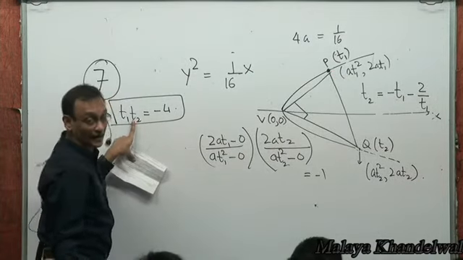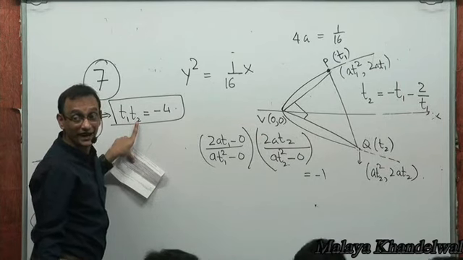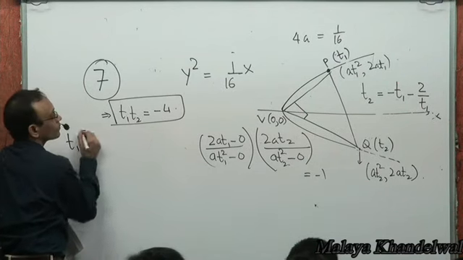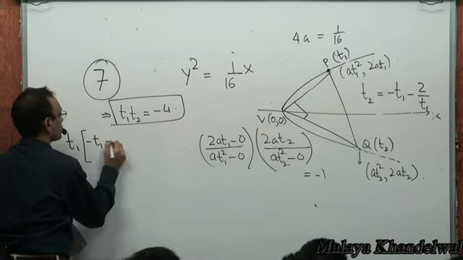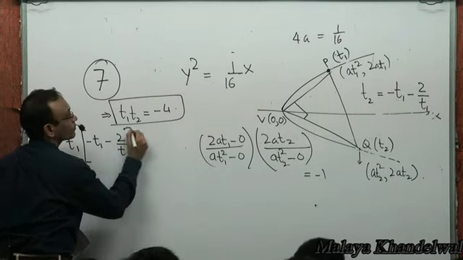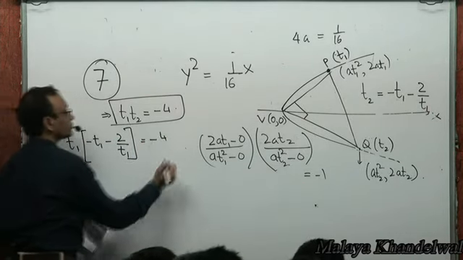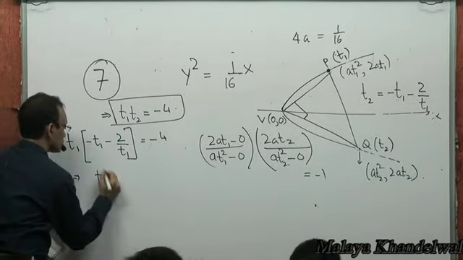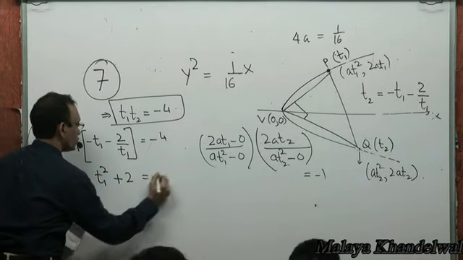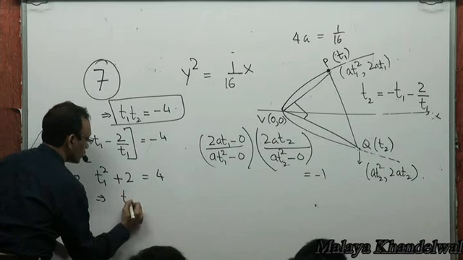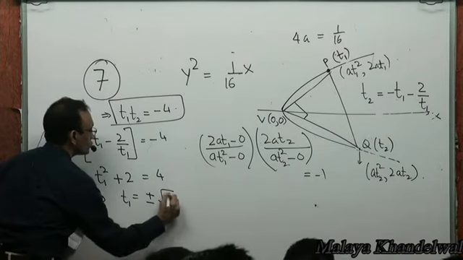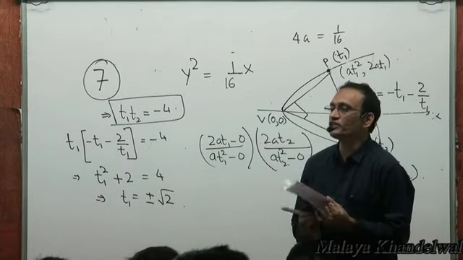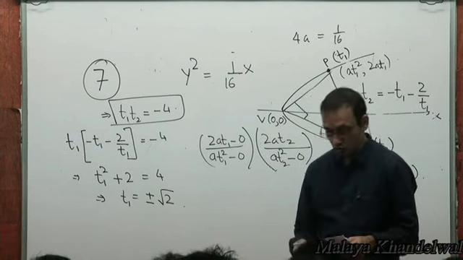So I want to solve for t1, writing t2 as minus t1 minus 2 by t1, equal to minus 4. Which gives me t1 squared plus 2 equal to 4. t1 squared is 2, so t1 can be plus minus root 2. So the two values of t are plus root 2 and minus root 2.